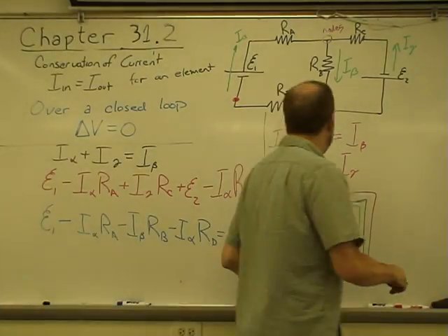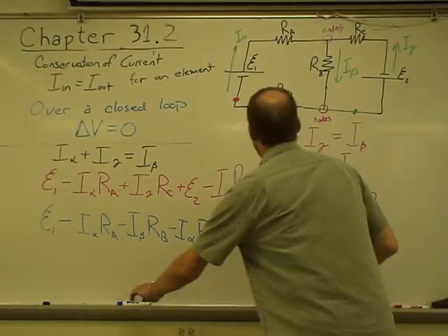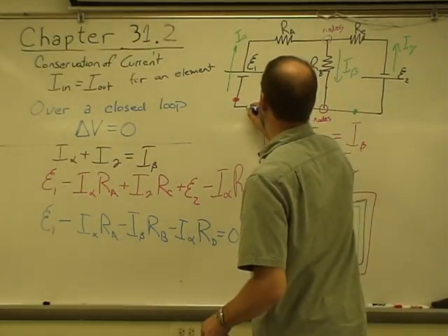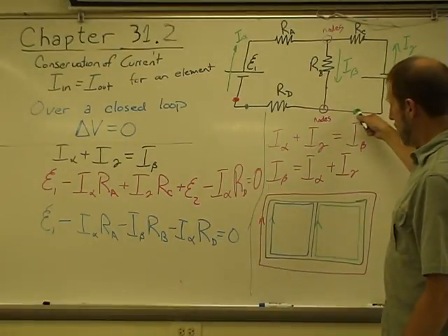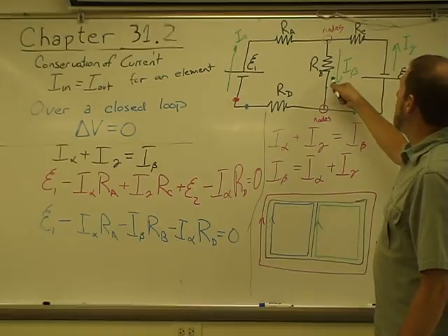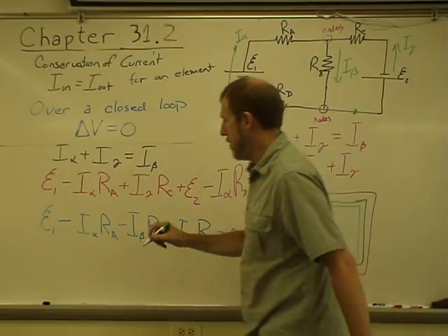Now, take the green one. I need to pick a place. I'll pick here. And I'll mark that I picked here for the second one. Okay. Still going clockwise. I'm going against this current this time, so the potential goes up.